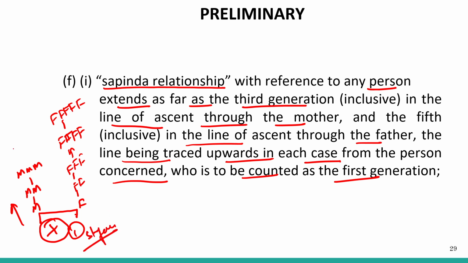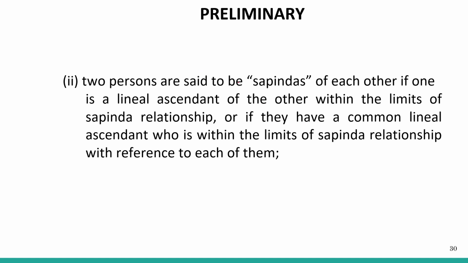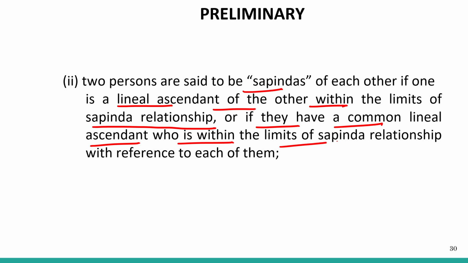Now what it is saying is that if you have any connection, any relation with these people, great grandfather, grandfather, two persons are said to be sapindas of each other if one is a linear ascendant of the other within the limits of sapinda relationship, and if they have a common linear ascendant who is within the limits of the sapinda relationship with reference to each one of them.